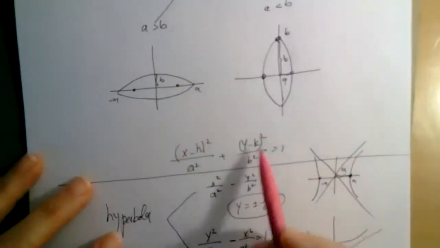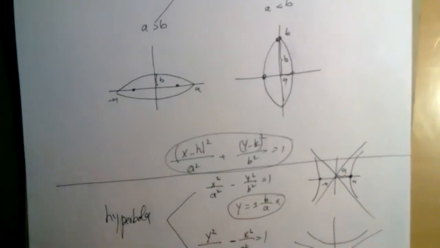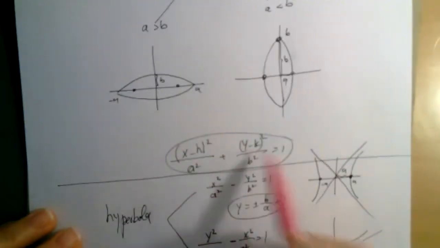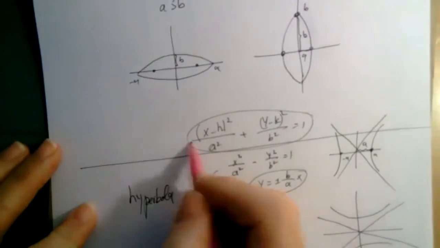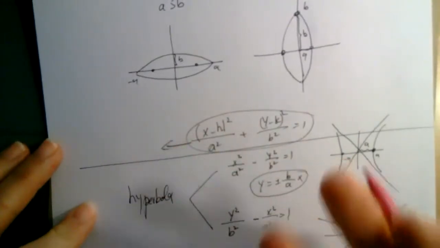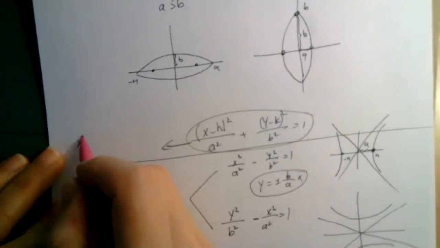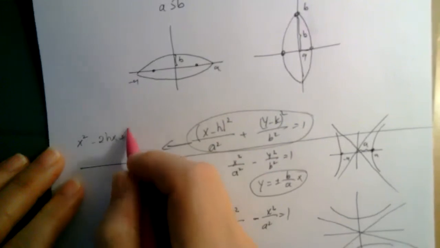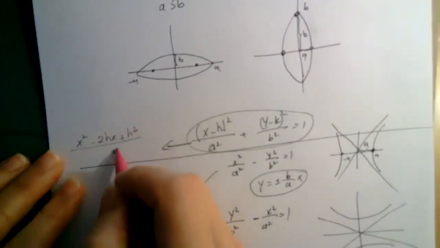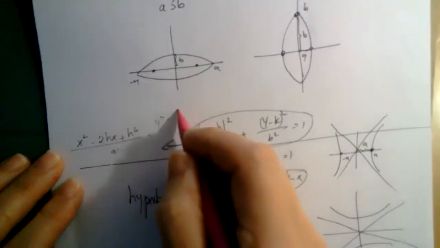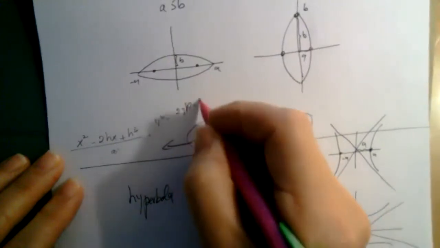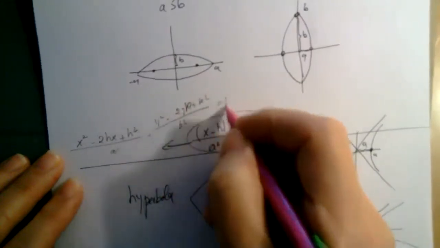The reason is, if you take an equation like this and you distribute (x minus h) squared and (y minus k) squared, it's going to have something like x squared minus 2hx plus h squared, so some kind of quadratic form, and so on: minus 2yk plus k squared over b squared equal to 1.